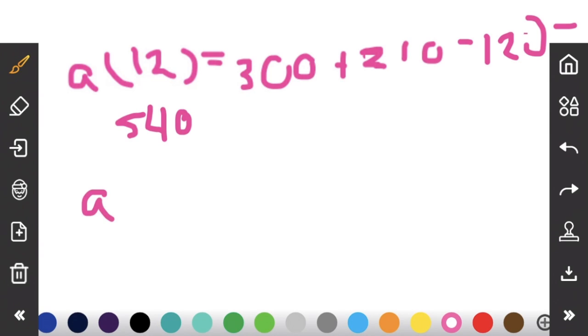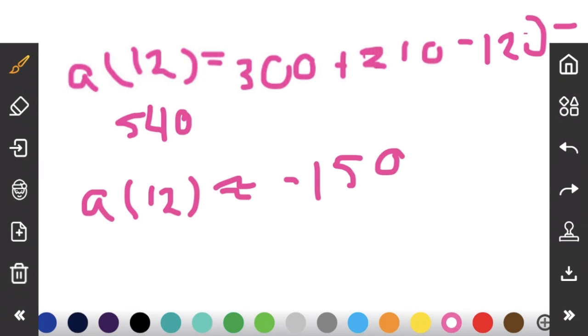So that means that A of 12 will approximately be equal to negative 150. And that's your answer for part C.